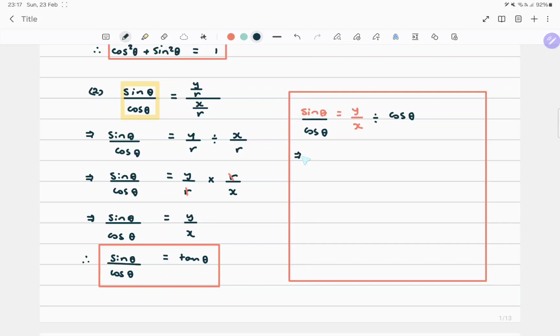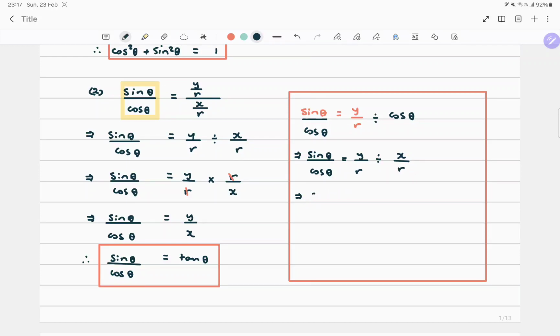So this would imply that sine theta over cos theta is going to be y over x divided by what is cos of theta, x over, why did I say sine? This is r, man, goodness. This guy is becoming sloppy. Okay, sorry guys for this, but I just want to take you guys through this nicely.